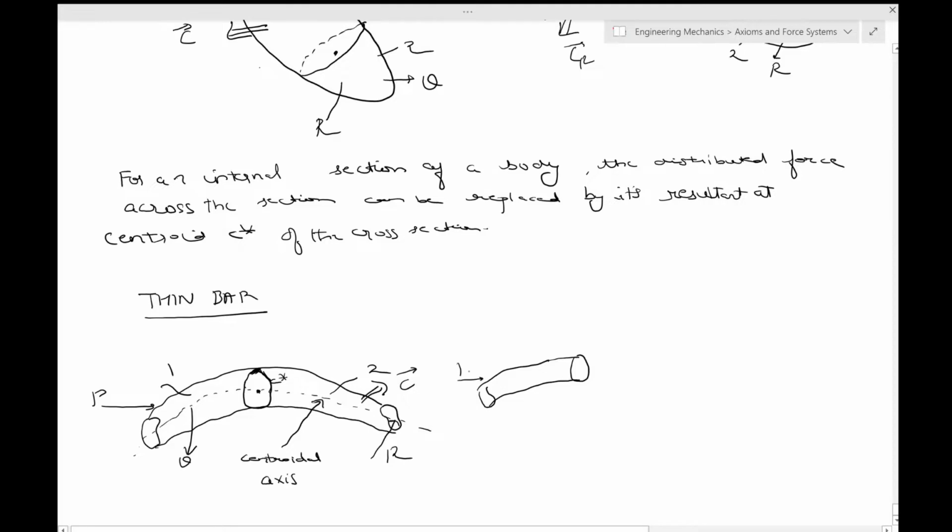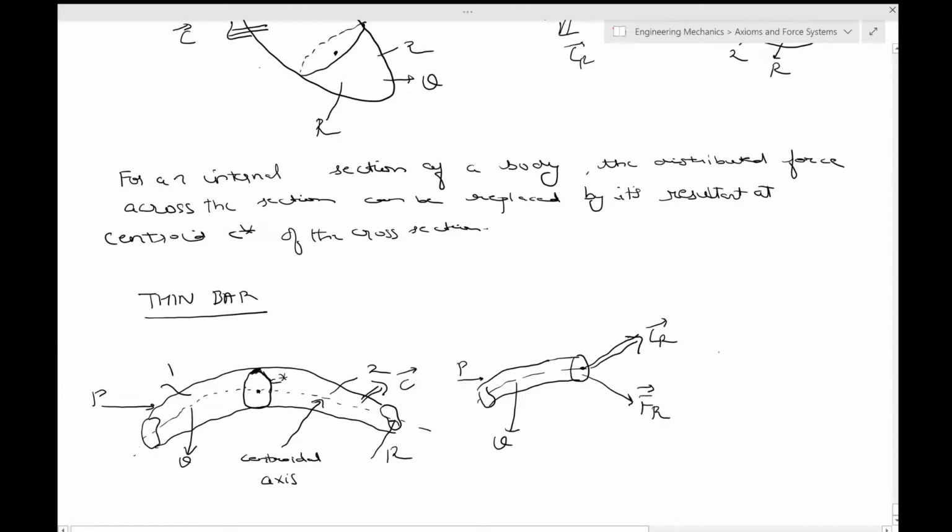So clearly this is P, this is Q. Over here we must have at the centroid CR, we must have an FR.